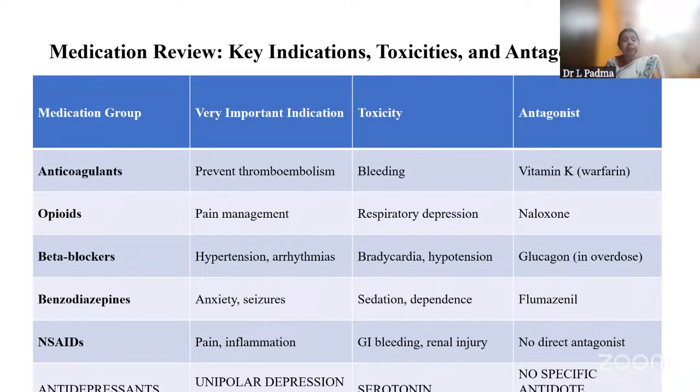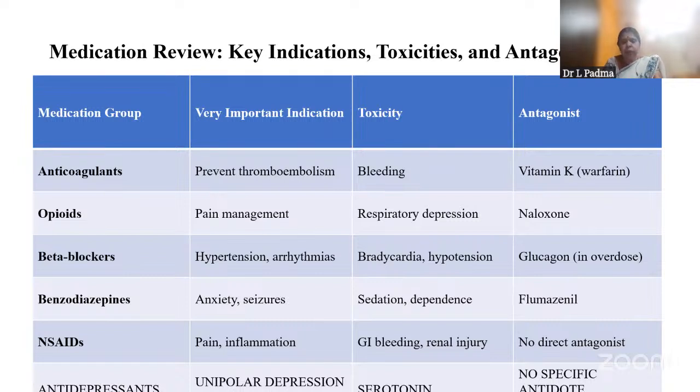Next, coming to benzodiazepines, we have varieties of benzodiazepines as anti-anxiety, sedative hypnotic, anti-epileptic, used during anesthesia or even anxiolytic.